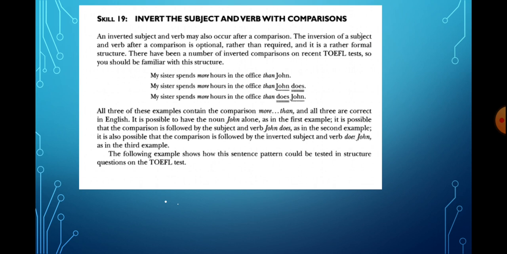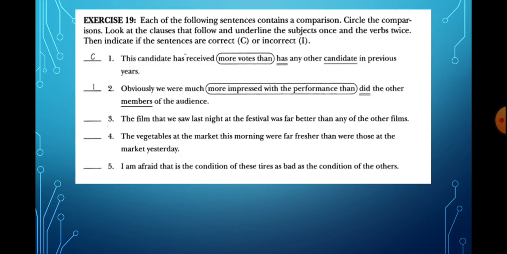So it is flexible. We can find inversion in comparisons and we can keep the sentence as is. It doesn't make any difference and it doesn't make the sentence incorrect if inverted or not inverted. So it's up to the person who wrote the sentence or is talking to make the inversion or not.